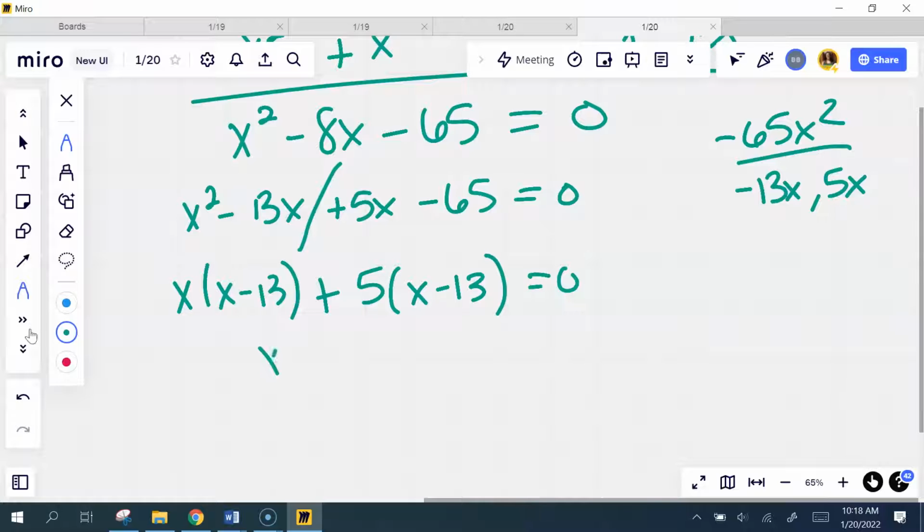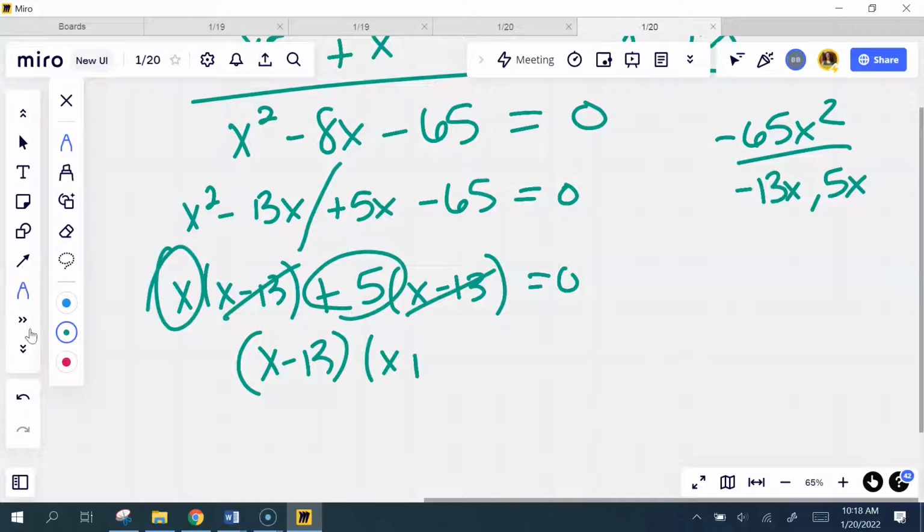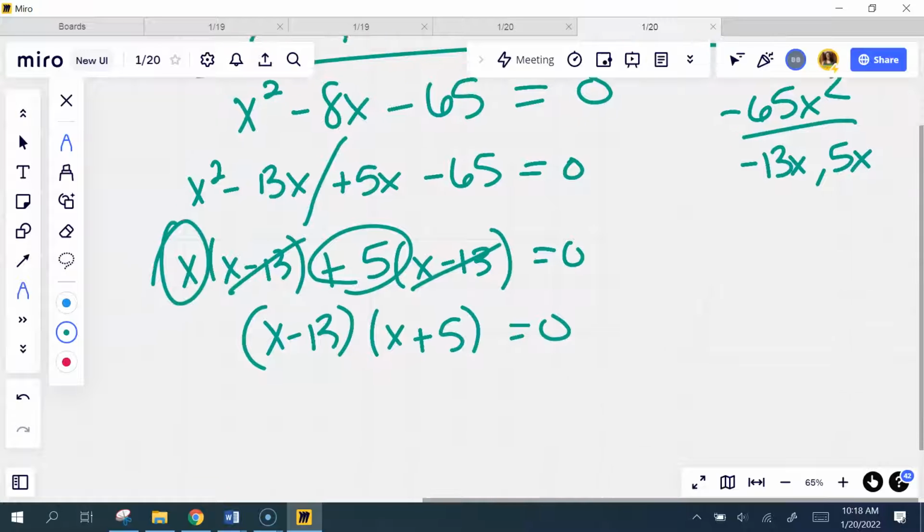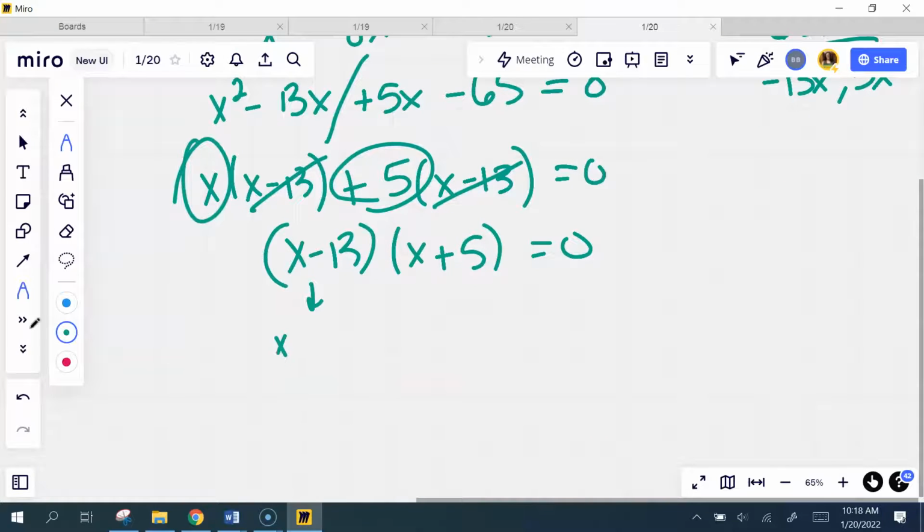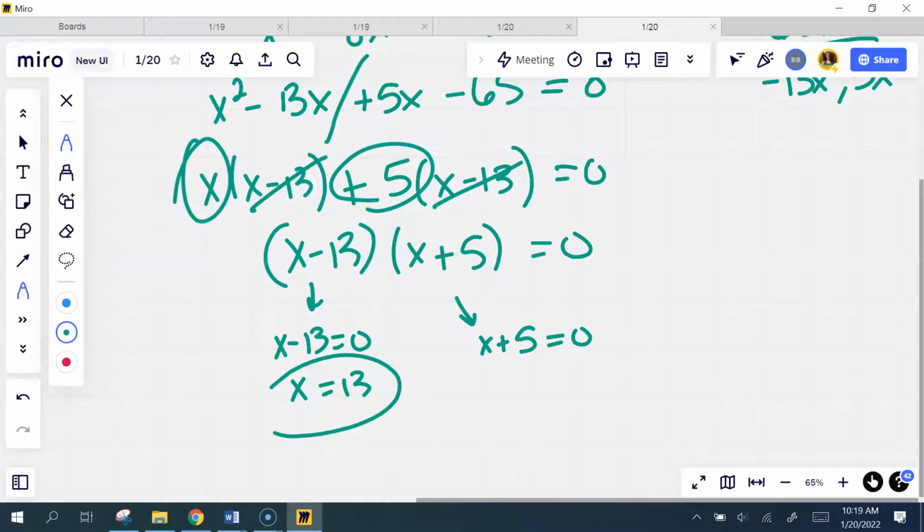And now my x minus 13 comes around to the front and leaves me with x plus 5. What do I do now? Set both of them to 0. So this one goes to 0, and this one goes to 0. Add 13, one answer, subtract 5, and there's another answer.